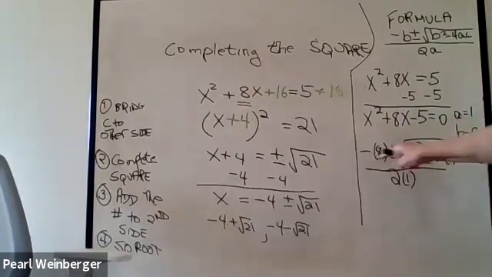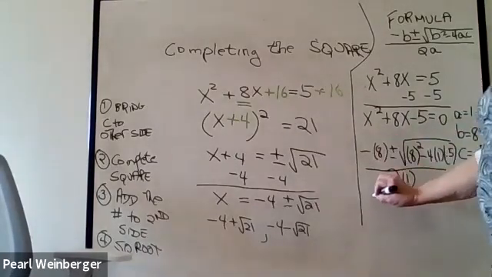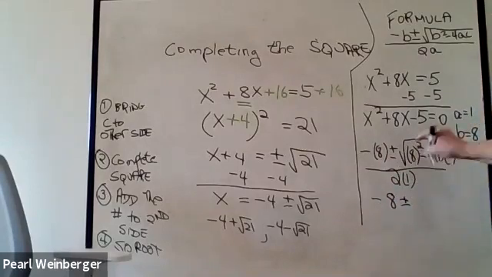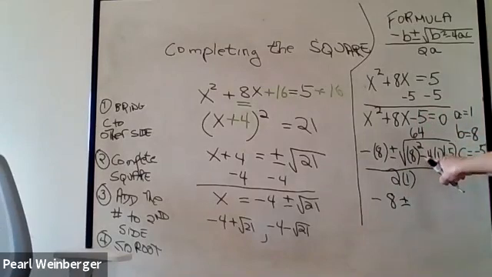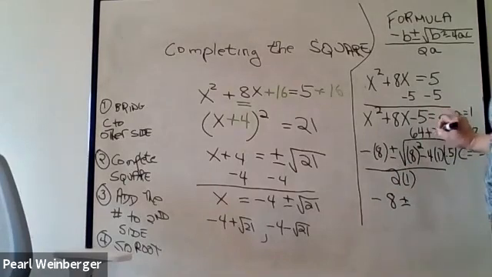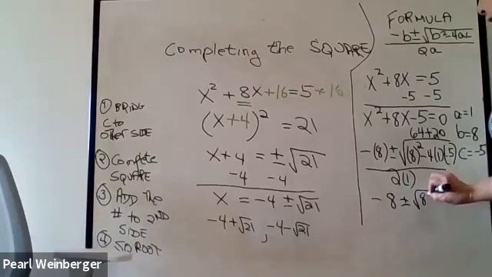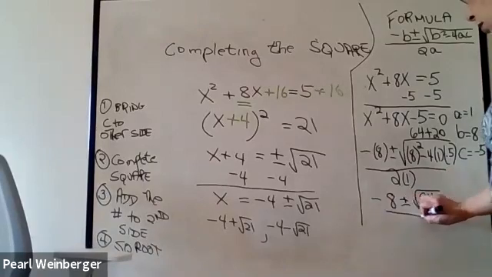Okay, let's simplify. So it's negative 8 plus or minus, now 8 squared is 64, and negative 4 times 1 times negative 5 is plus 20. So this is the square root of 84 all over 2.